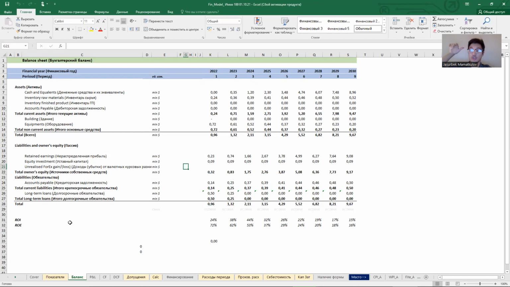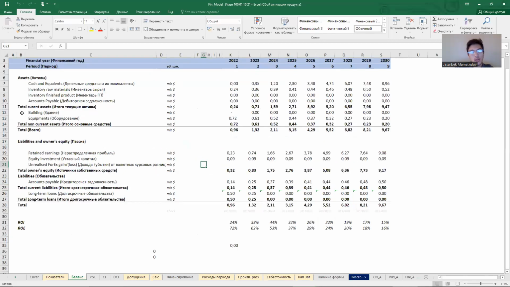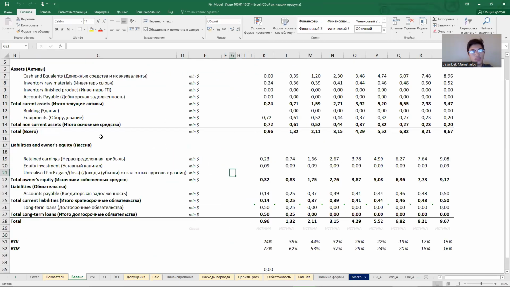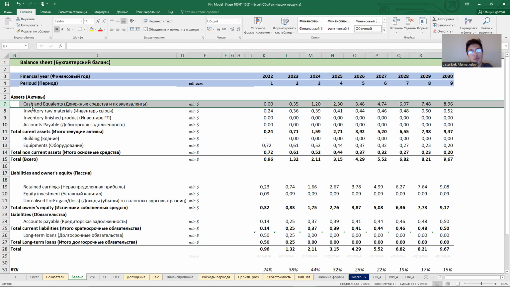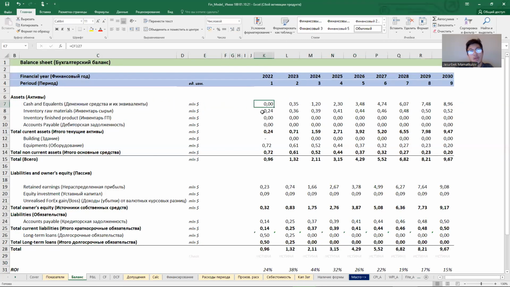I can just use all that information and connect it with the balance sheet. Let's look at our balance sheet for a project. As an example, here we can see cash and equivalents, in our assets, at $1 million.